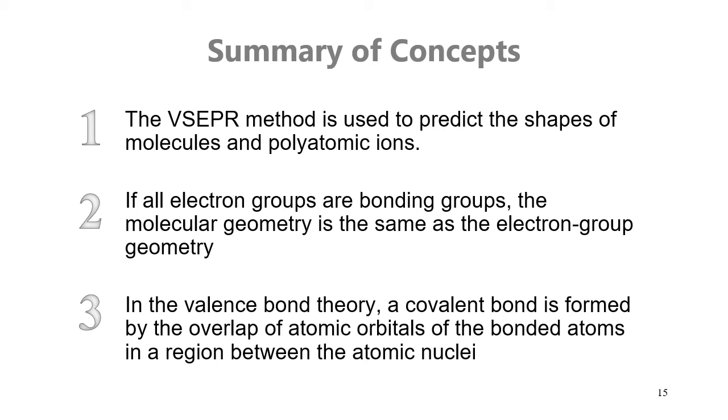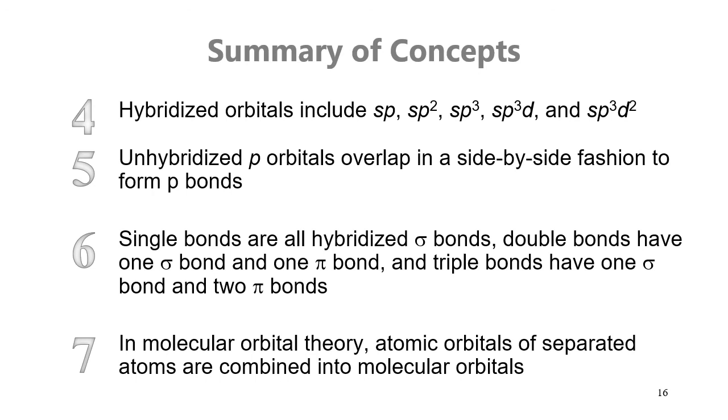Third, in valence bond theory or VBT, a covalent bond is formed by the overlapping of orbitals of the bonded atoms in a region between the atomic nuclei. Fourth, hybridized orbitals include sp, sp2, sp3, sp3d, and sp3d2.